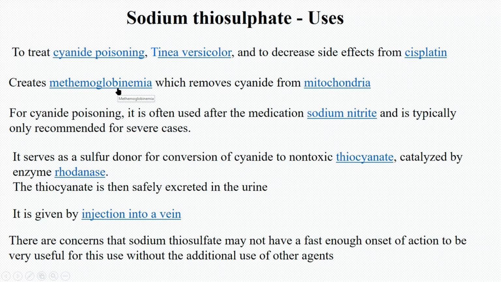As it has a similar mechanism as sodium nitrite, along with acting as a sulfur donor, it has a synergistic effect. What is this synergistic effect? It means when I use sodium thiosulfate and sodium nitrite together, the therapeutic effect will be more than when they are used individually.